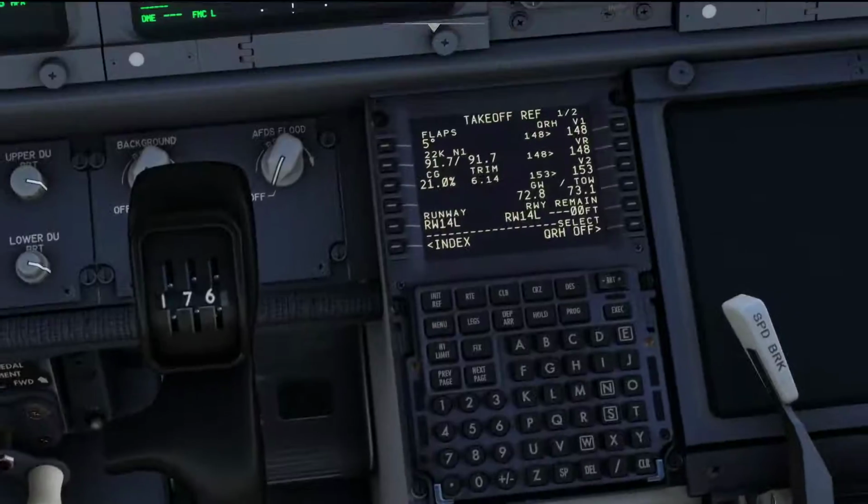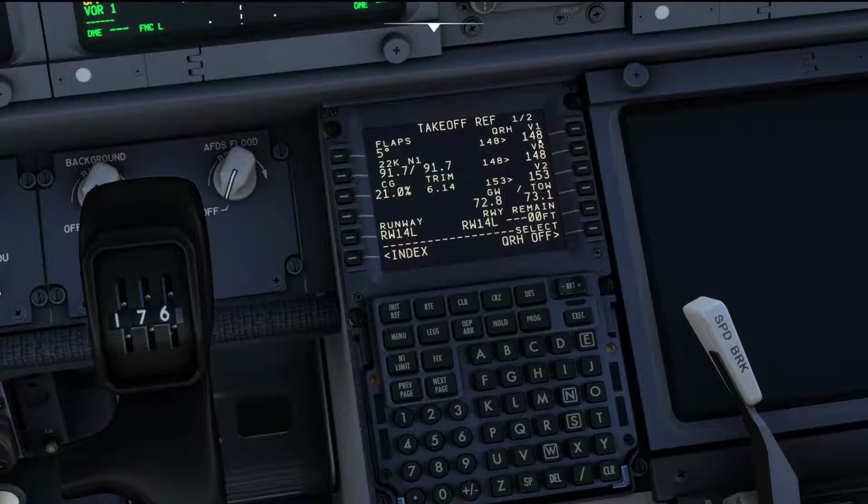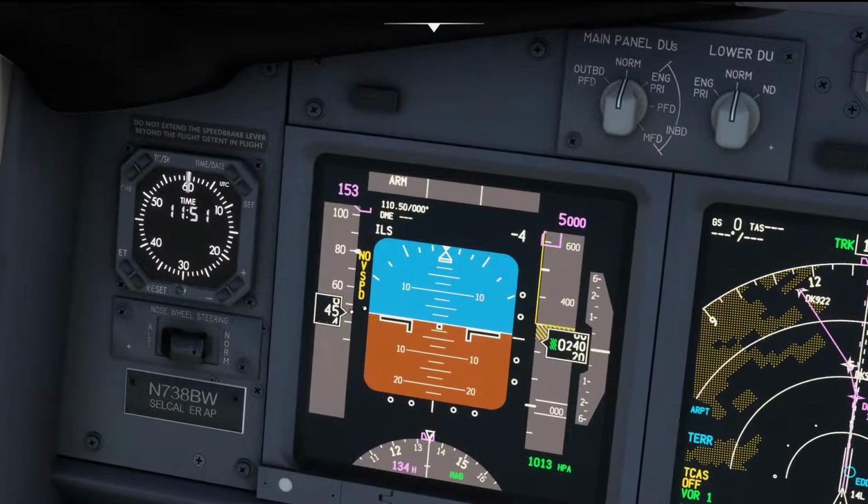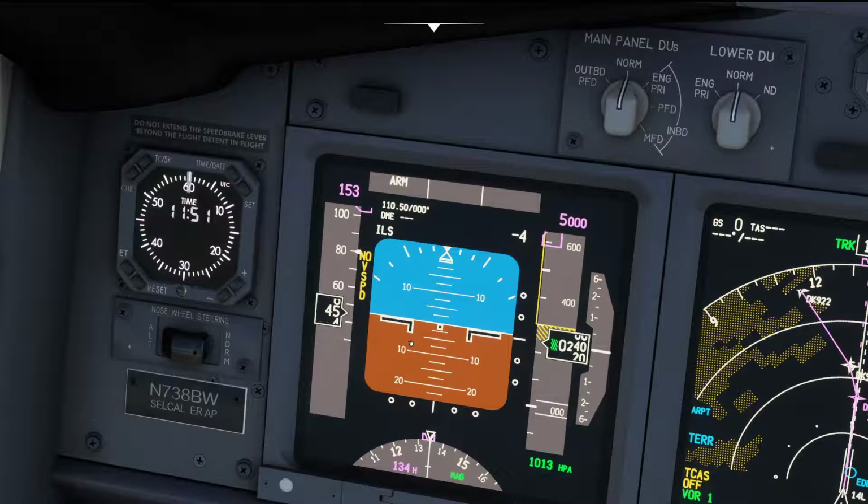So let's have a look into the FMC to see how big that difference is. We have 148, 148, 153 up here for flaps 5. Now I'm entering flaps 1. And we can see that the actual takeoff speeds are 154, 155, 159. Now imagine you had only selected flaps 1 while you calculated for a flap 5 takeoff. You will have differences of approximately 7 knots. And now think about how quickly your airplane accelerates during the takeoff run.